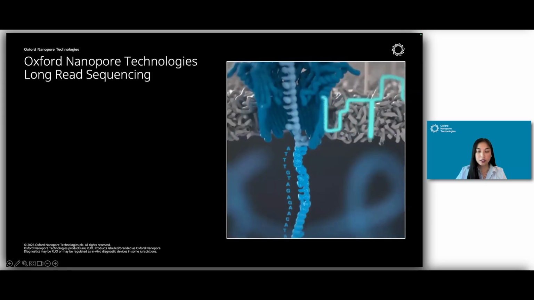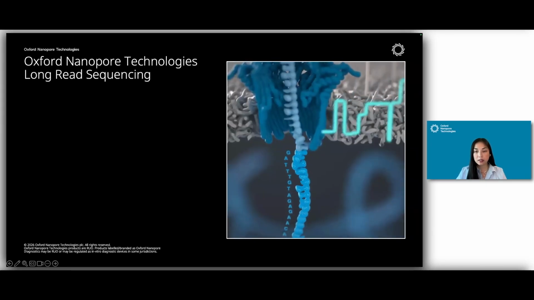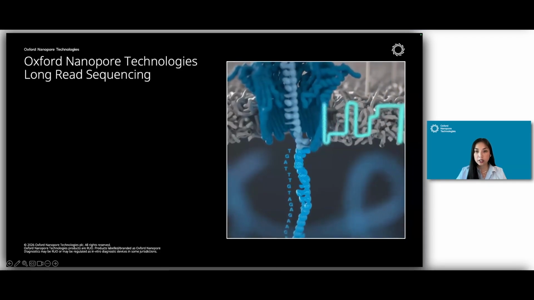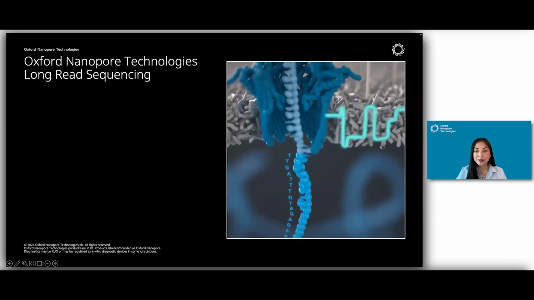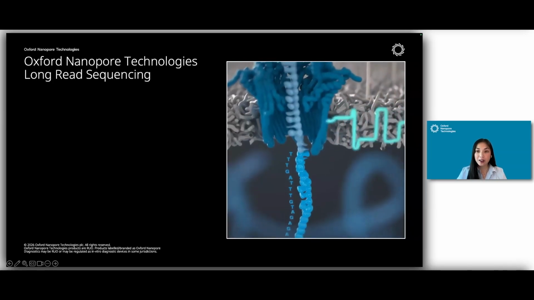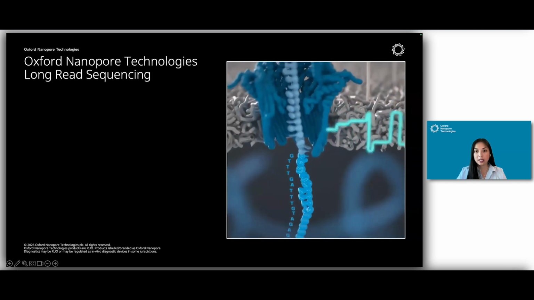The three of those components bring your molecule directly to the pore. As your molecule is passing through, whether that be DNA or RNA, it perturbs the electrical current. That squiggle on the electrical current is actually a technical term in Oxford Nanopore, and that is what we are reading out in order to capture your different base readouts.